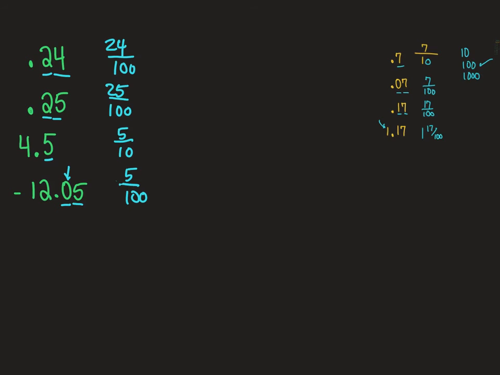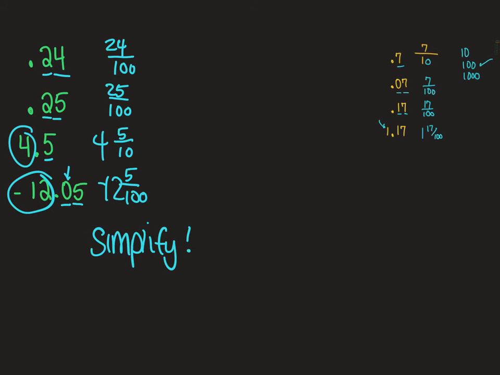Okay, now let's go back and say, I can't forget about my 4. I can't forget about my -12. Now I need to simplify. If I don't simplify, it's not correct. So what goes into 24 and 100?